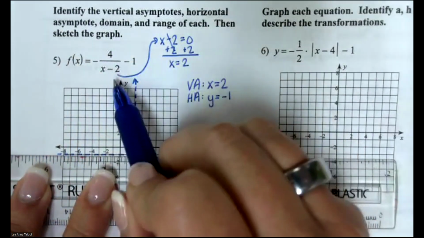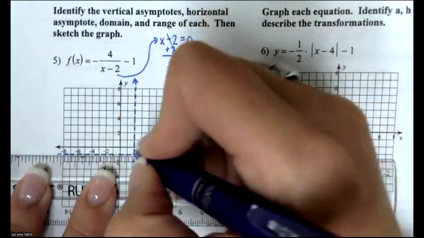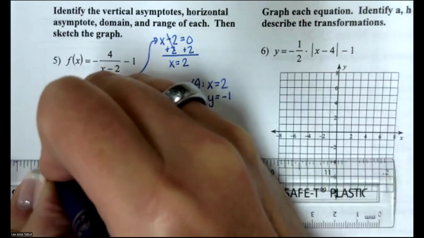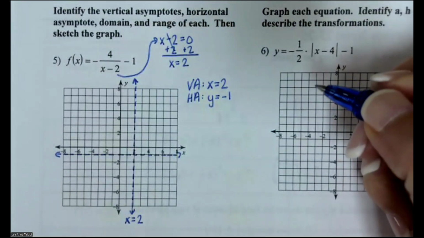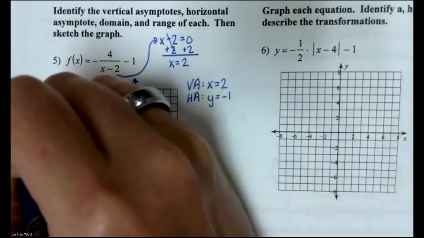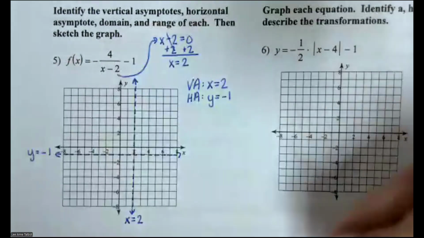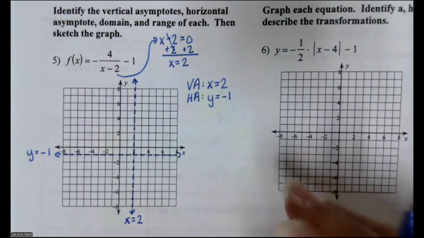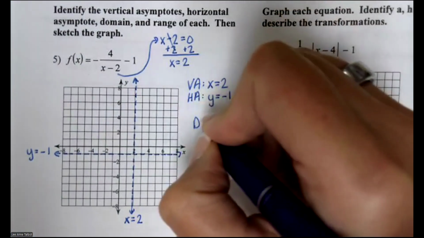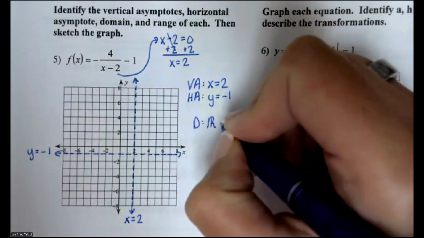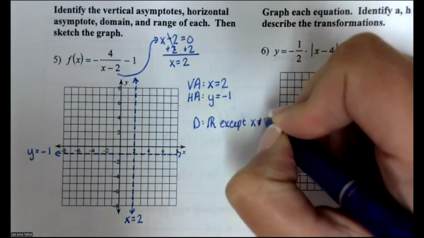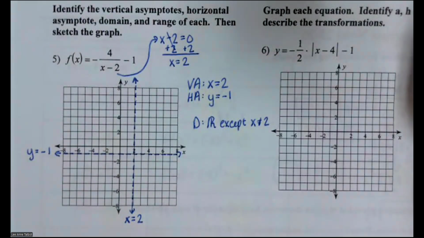So I want you guys to think right 2, down 1. The domain is everything except x can't be 2 because of that whole divide by 0 thing.